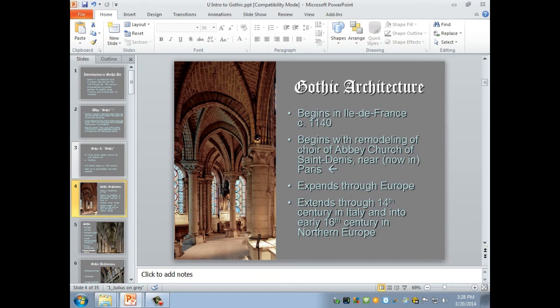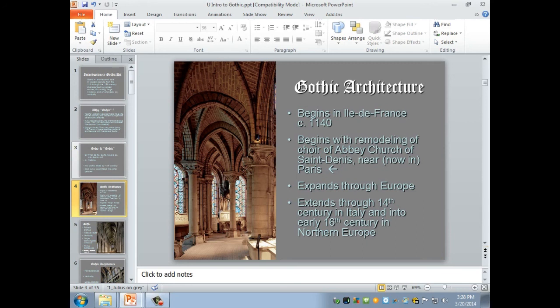So where does Gothic architecture really begin? Gothic art begins with the architecture. It's very interesting because we can actually date where and when this new period begins.